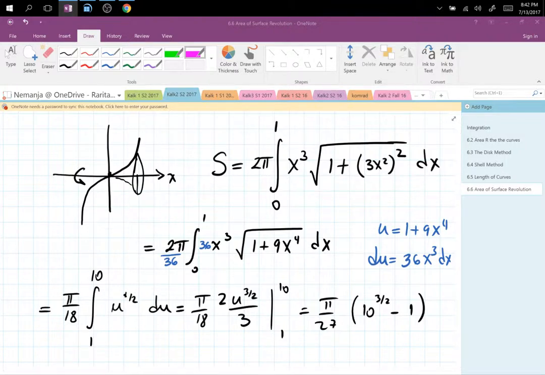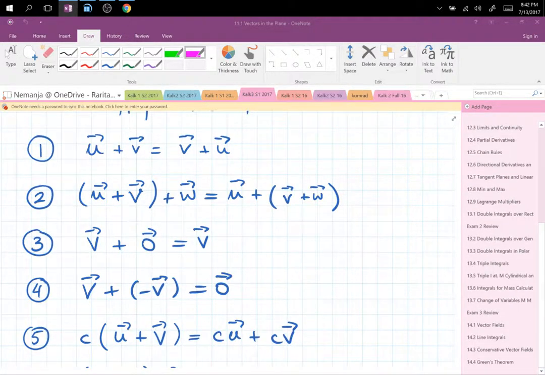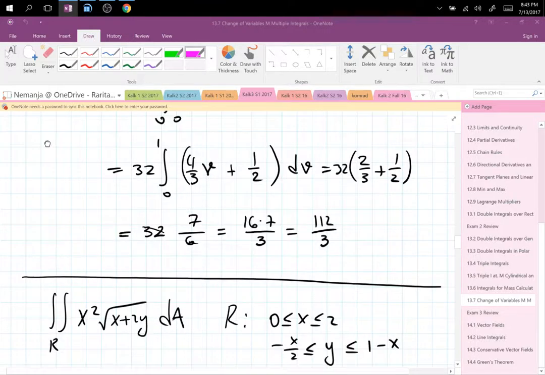This is much more interesting in Calc 3. It takes about 40 minutes, with the 3x3 Jacobian matrix, it's awesome. Same thing in Calc 3 for multiple variables.